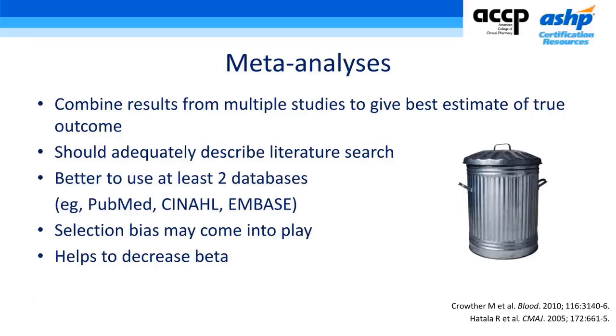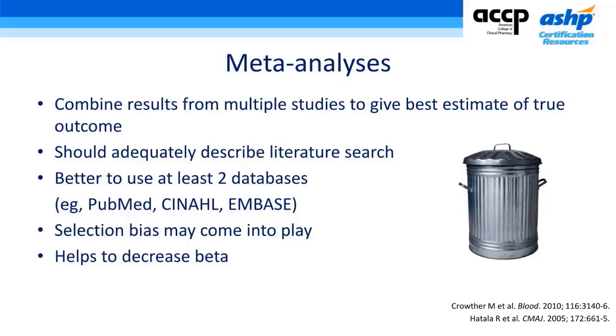So that practice problem brings us to discuss meta-analyses. So basically, meta-analysis is the combined results from multiple studies to give the best estimate of the true outcome. Now, hopefully in the methods section in a meta-analysis article, the authors described the number of databases and which databases they used to search for studies.